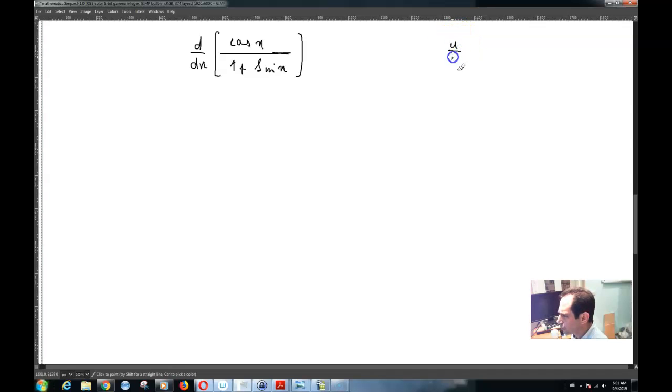So you can write u divided by v whole prime, assuming that these are two functions of x, for example, or any other variable. That would be equal to u prime times v minus u v prime over v squared. Okay.